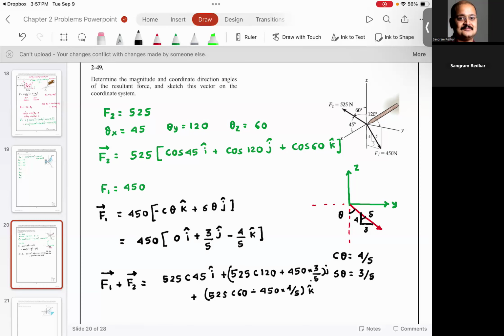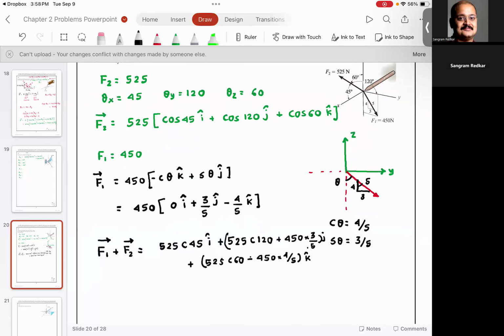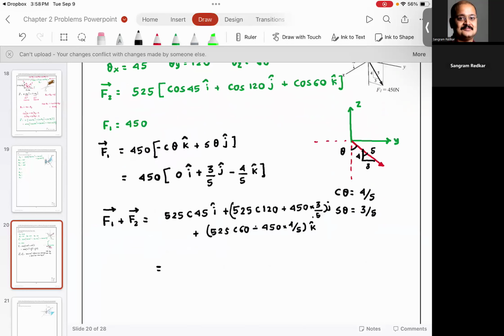If I were to ask you what is the magnitude, this whole thing can be written as f of x i plus f of y j plus f of z k, and the resultant is going to be the square root of f of x squared plus f of y squared plus f of z squared. Are you with me?